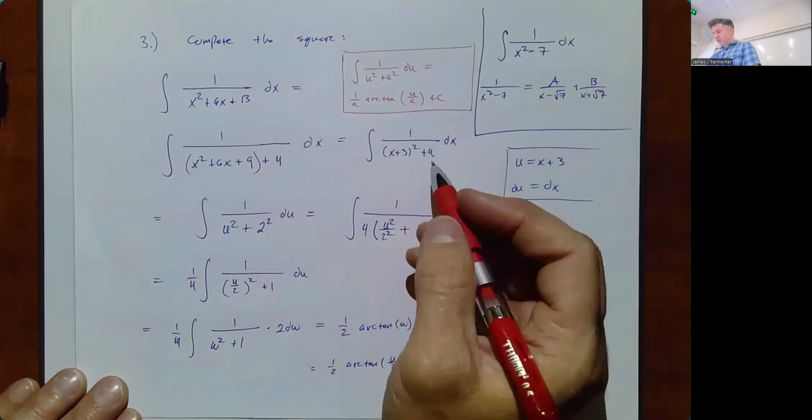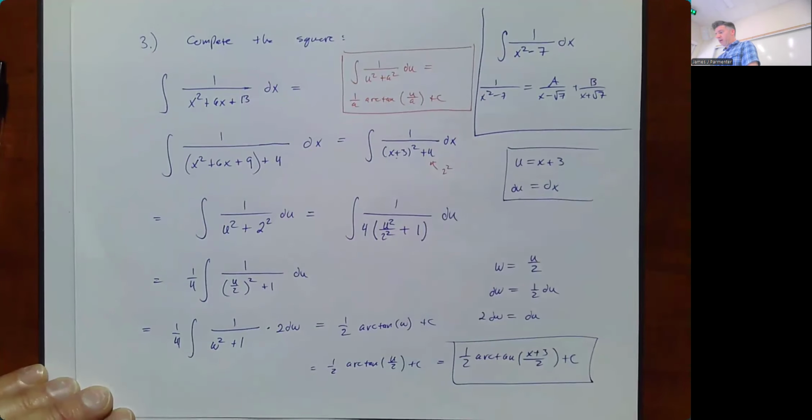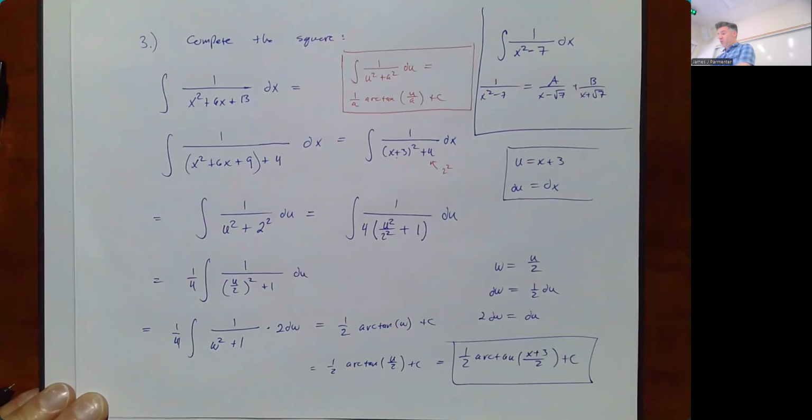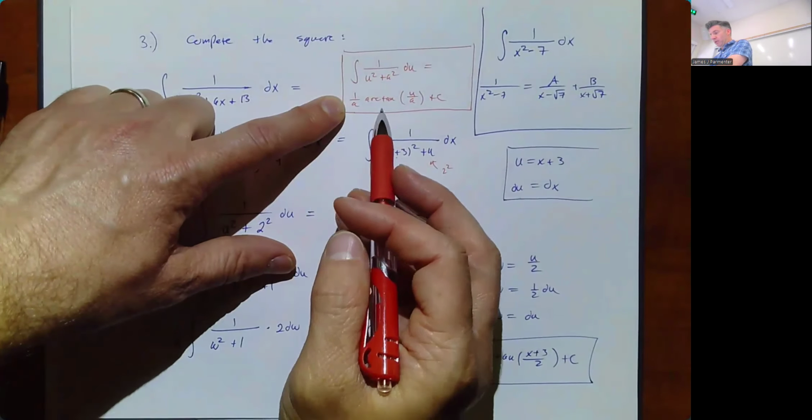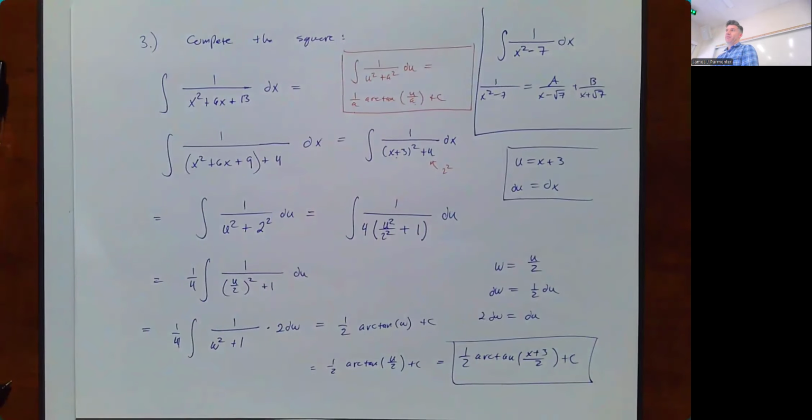So when I saw that this was written as 1 over (x plus 3) squared plus 2 squared, I was thinking, oh, I'm going to get 1 over 2 times the arctangent of (x plus 3) over 2 as my antiderivative. But that kind of depends on your appetite for how much you want to remember and how much you want to do.